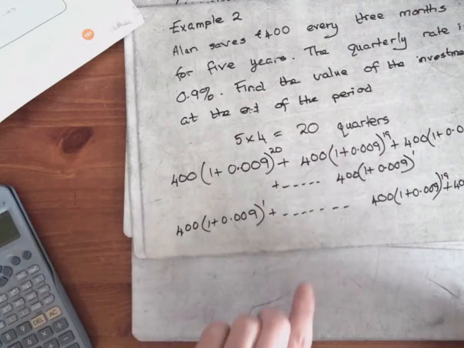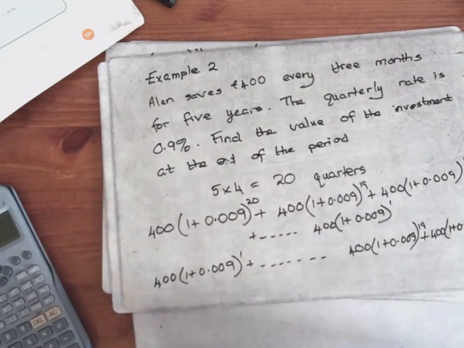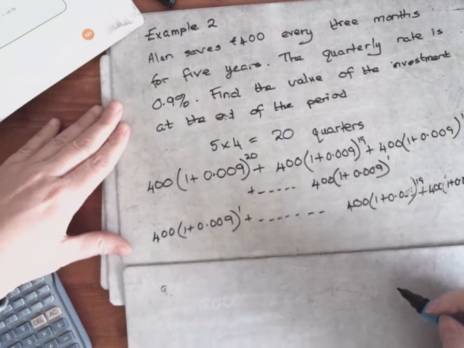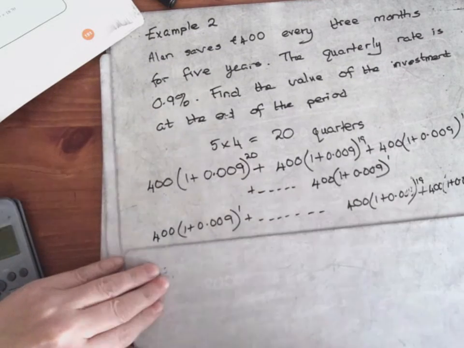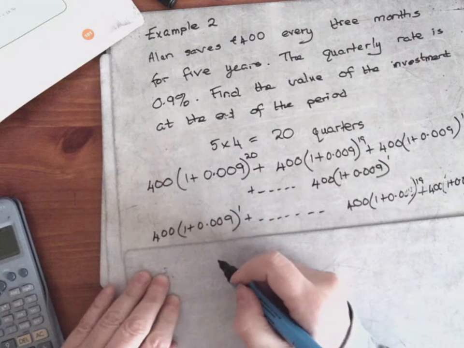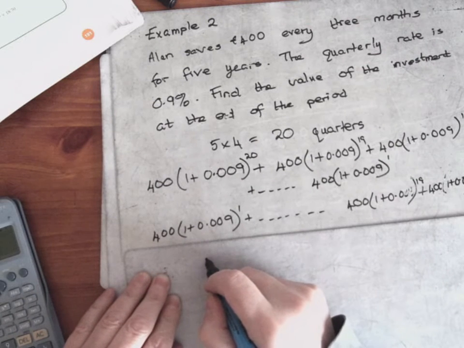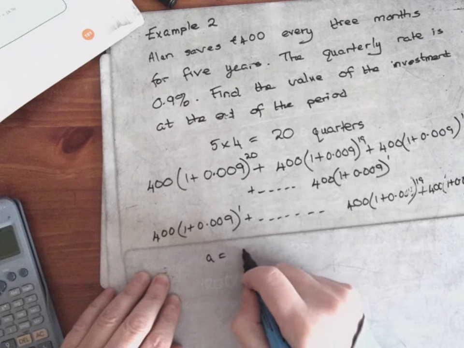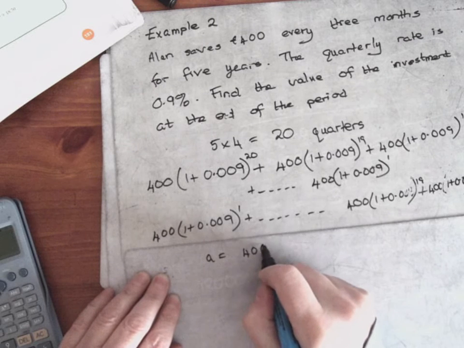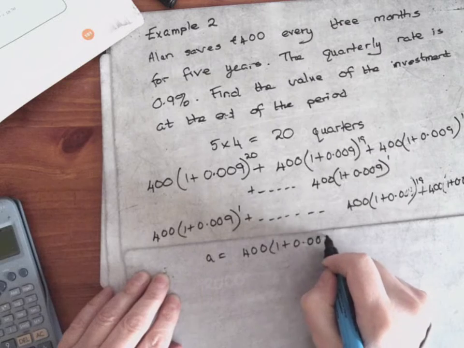Right, that's a geometric series. A is the first term, R is the common ratio, or what you're multiplying it by every time, and N is how many terms are in the sequence. So A is the first term, which is 400 times 1 plus 0.009.